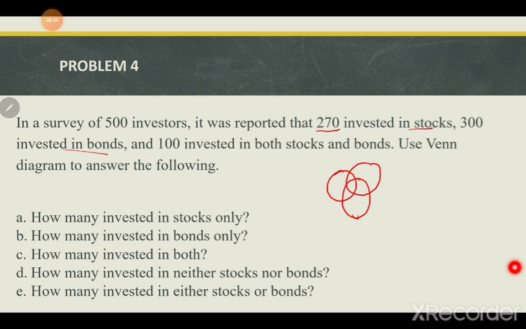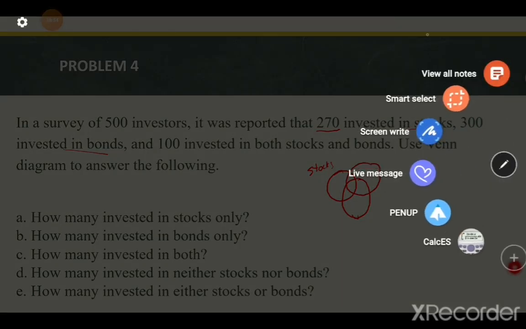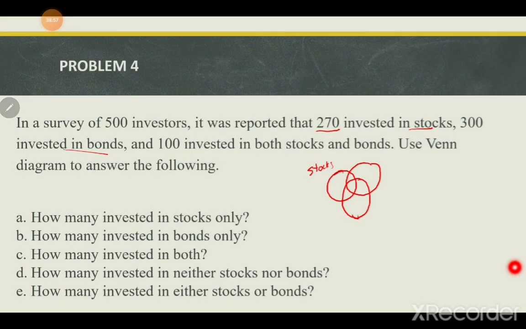So, let's say, this is my stocks. Wherein, it was identified in the problem that there are 270 people invested into your stocks. And then this is my bonds. Right? So take note that in my bonds, there are 300 people. Sir, 500 lang yung investor.